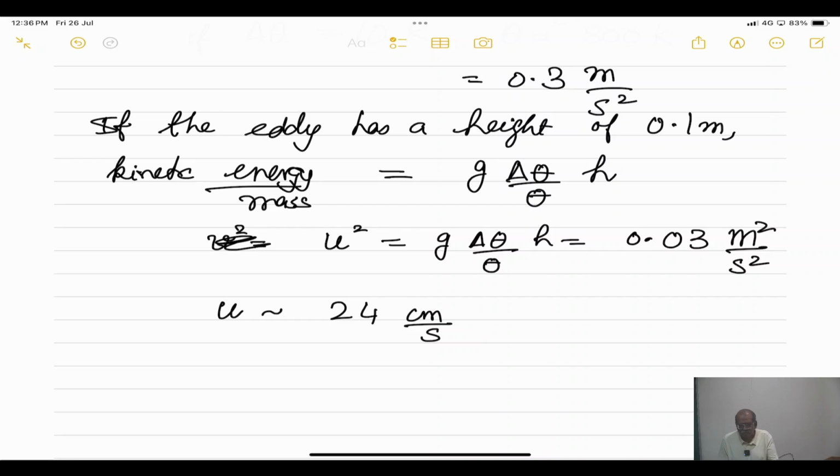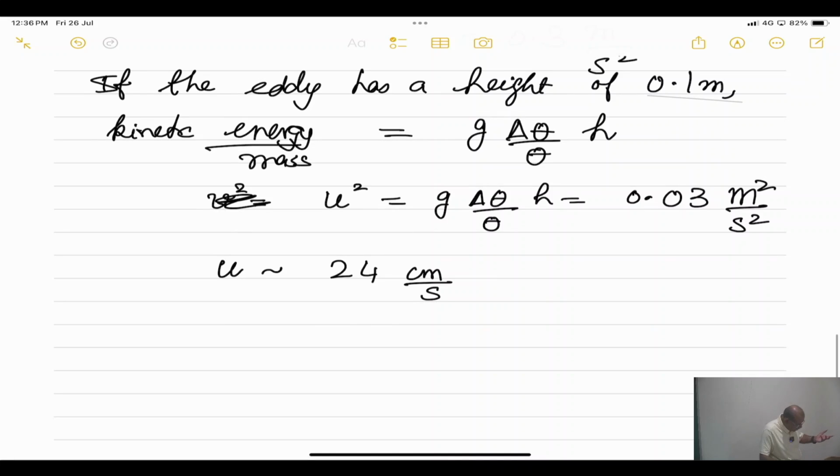This is just the square root of 0.06. But this is the velocity just above the heater. Throughout the room the velocity will be very small.